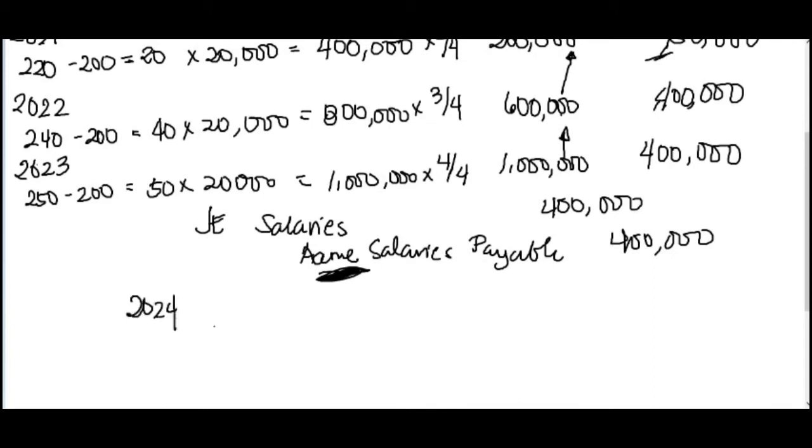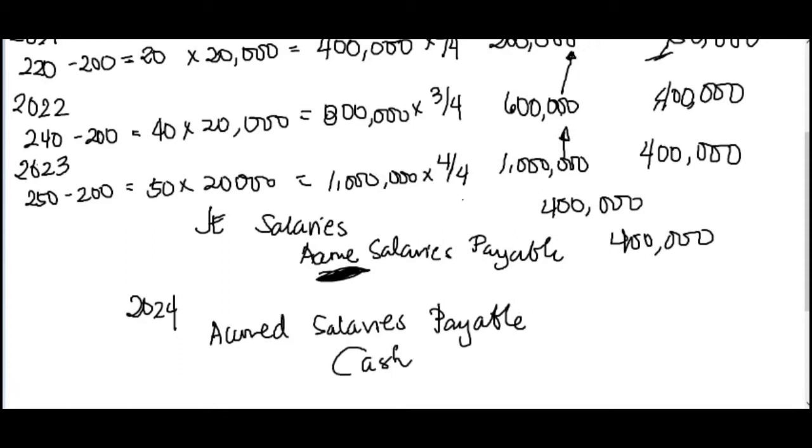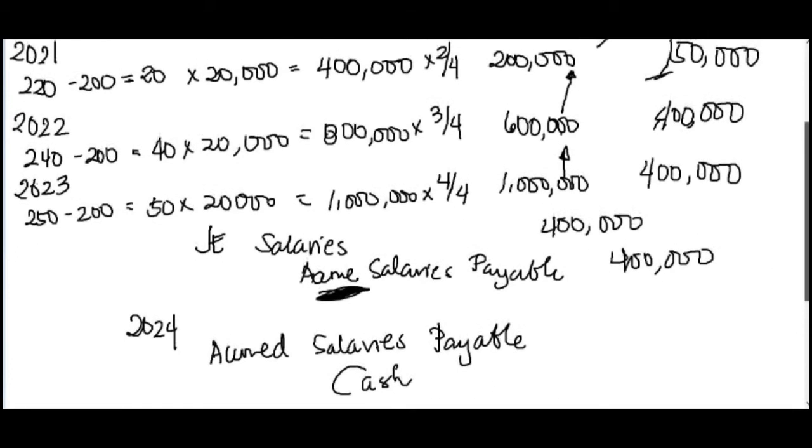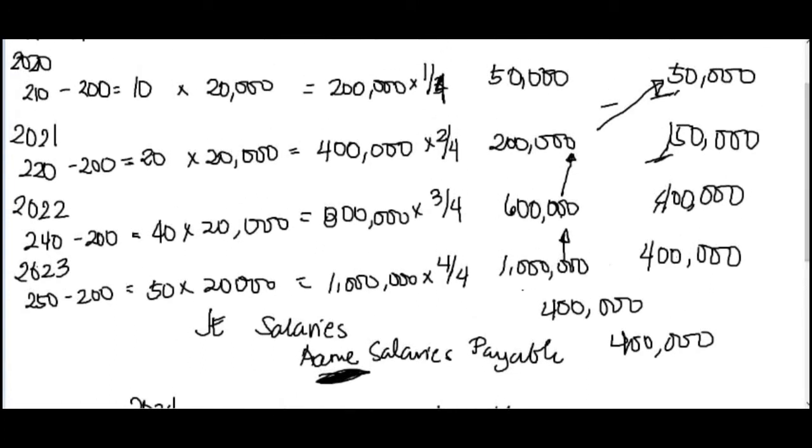Okay, so sa 2024, you have debit, tatanggalin mo na siya as liability mo, salaries payable, and then credit, cash. Kasi kaya nga siya cash settled. Okay? Shortcut. 1 million.